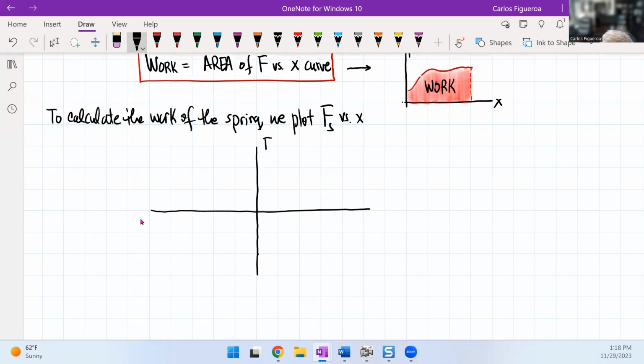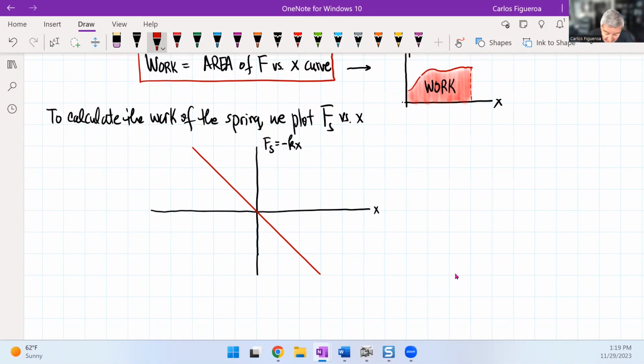And the spring force is equal to minus kx, where this is x. As a consequence, you could see that this is a negatively sloped line. So if I was to draw a curve here, it's going to look something like this. It's going to be a linear line like that.